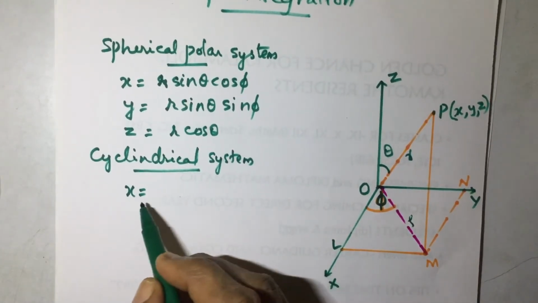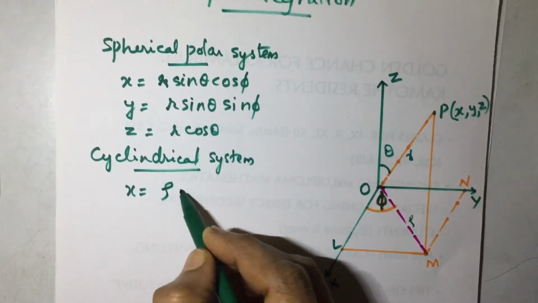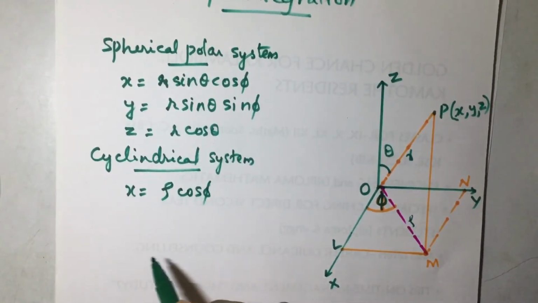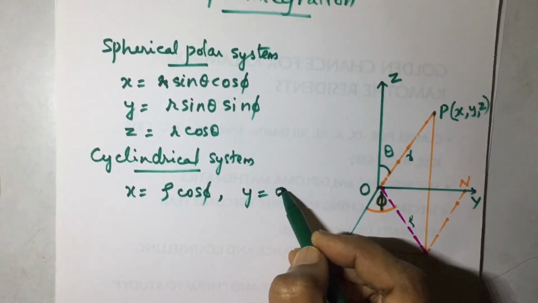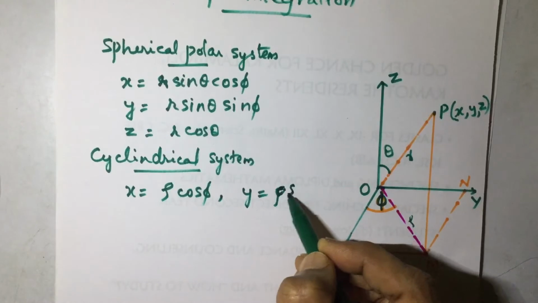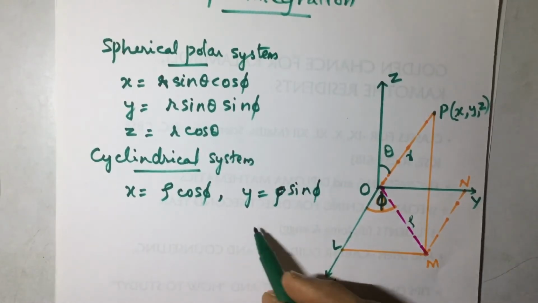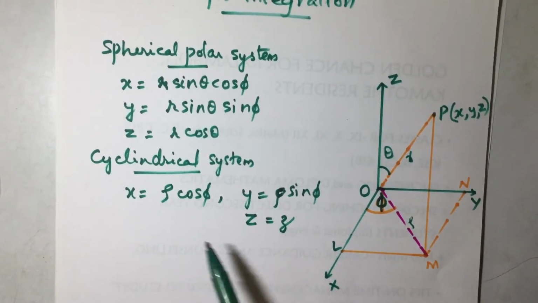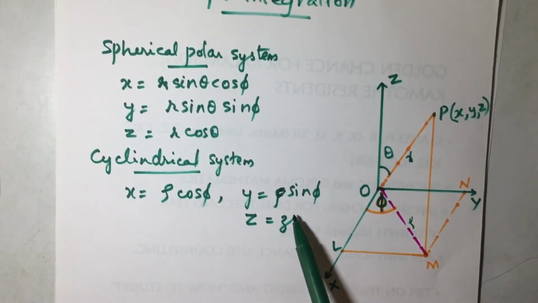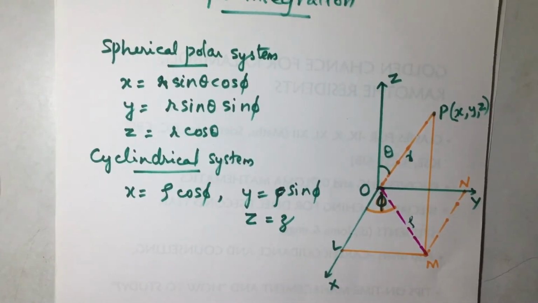Then x is given by rho cos phi, y will be rho sin phi, and z will be z. Okay, so x will be rho cos phi, y will be rho sin phi, and the z coordinate will be z, let's say we represent it by small z. So these are the points x, y, z in both the systems.